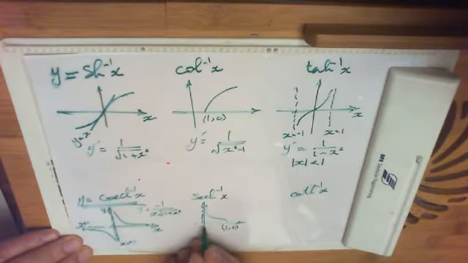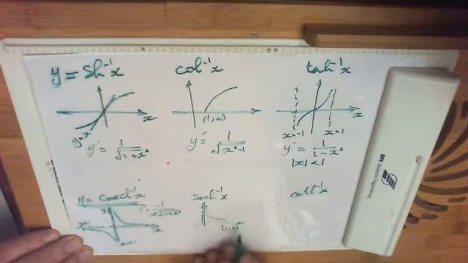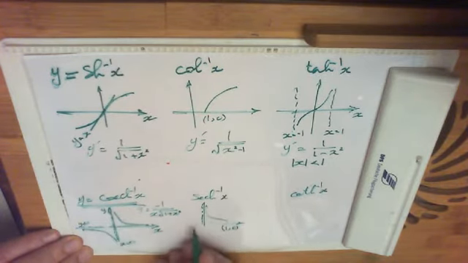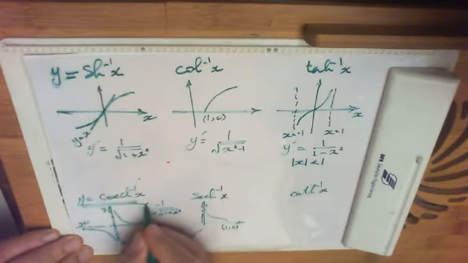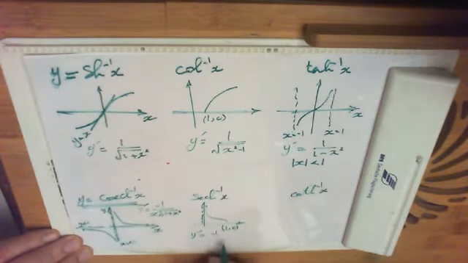Its domain is from 0 to 1, 0 not included, 1 included, and its range from 0 to infinity, 0 is included, and as you see, it has no symmetry. It is non-periodic. Its derivative was in the form y dash equals minus 1 over x square root of 1 minus x squared.